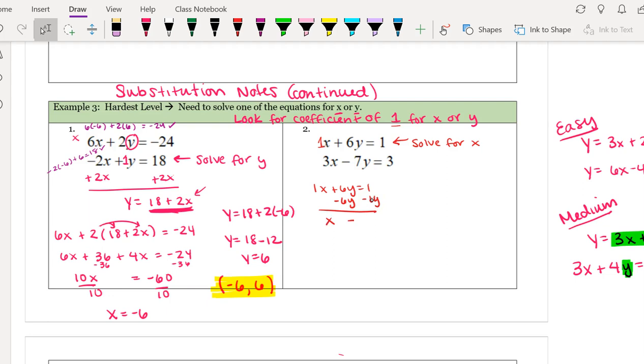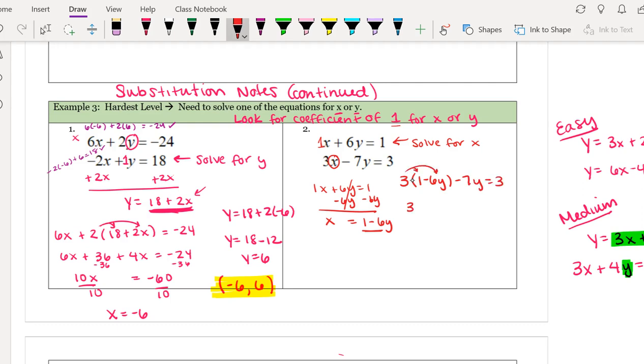So I get x is 1 minus 6y. Since this is solved for x, I'm going to replace the x. So I take 3 times 1 minus 6y minus 7y equals 3.